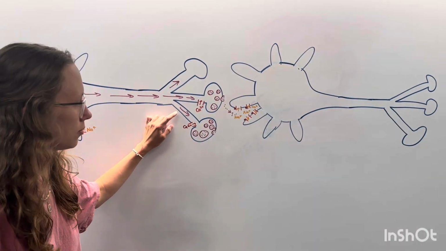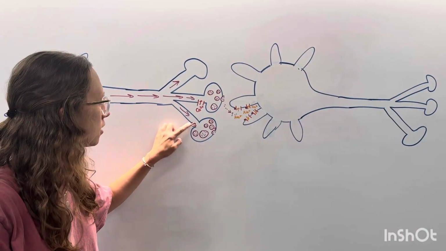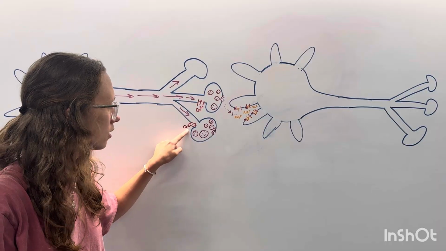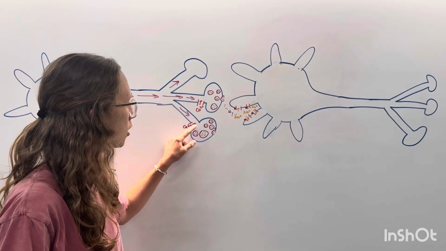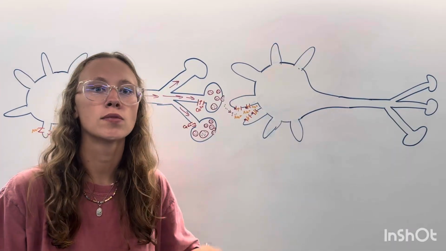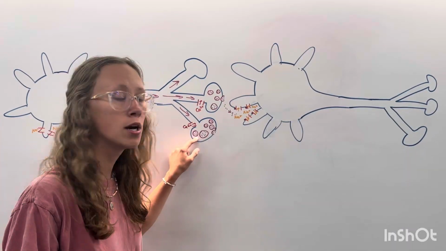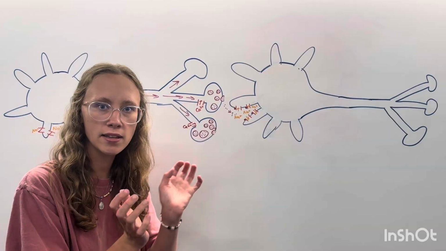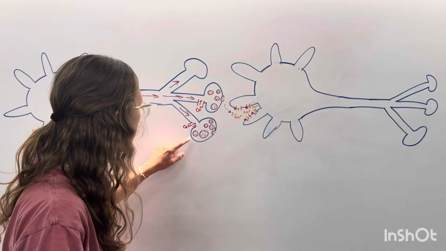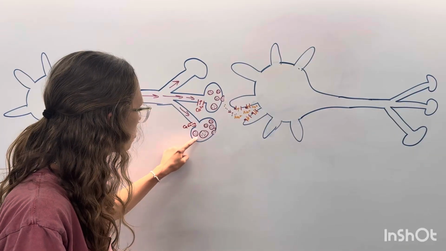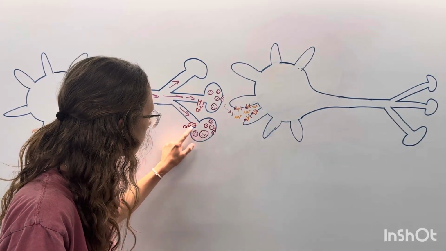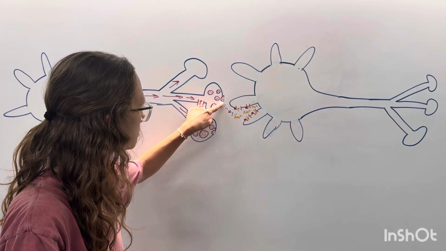And as you can see, when this action potential reaches the end, it's going to cause the opening of those calcium channels. Calcium channels are going to open, and what that's going to do is it's going to trigger the release of these neurotransmitters, which are just waiting in the synaptic bulb so patiently, which are indicated by these purple little dots. So these neurotransmitters are going to be released from the bulb, which is here.